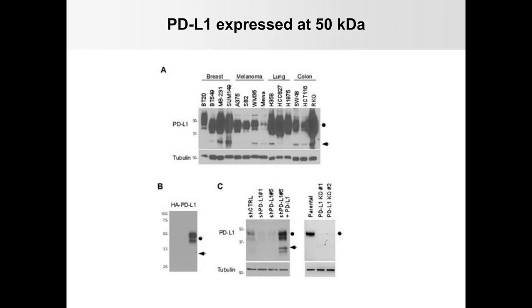We tried to recapitulate the PD-L1 expression on the Western blot. And we found that the protein expression at molecular weight 33 is very little. We have tried several ways to enrich this expression, but it was not very successful.